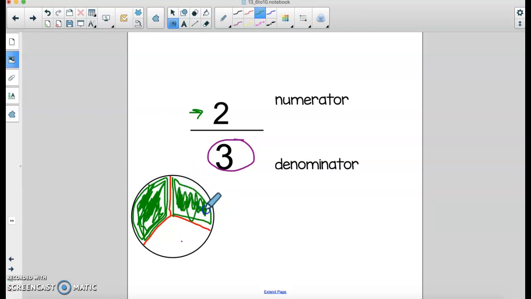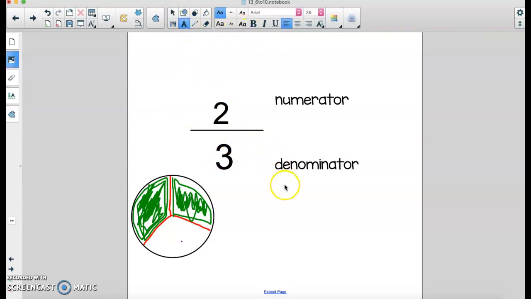So the bottom number, I'm going to delete this so it doesn't get confusing, means how many pieces in the denominator is like in all. And the numerator is how many pieces we color. All right, so the numerator is how many we color, the denominator is how many in all.